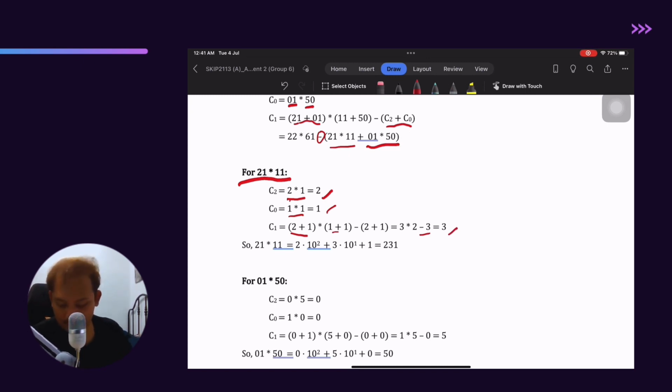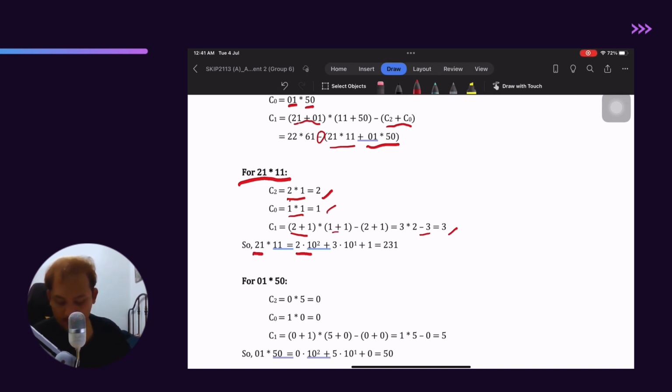So for 21 times 11, we can say 2 times 10 exponent 2. Why 10 exponent 2? Because the 2 is in the second placement of the digit.